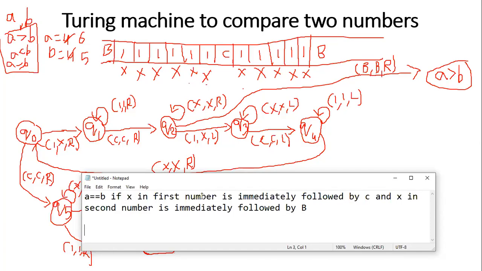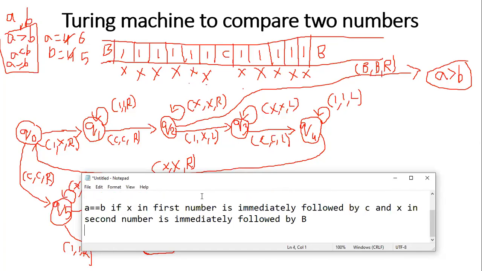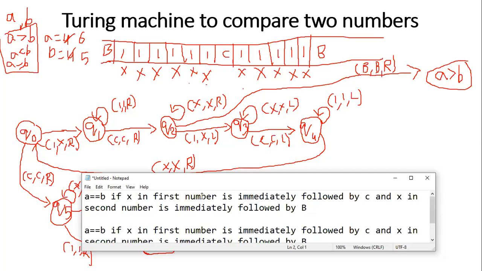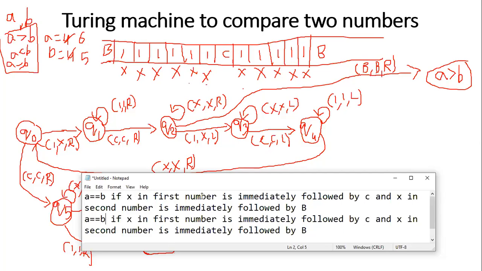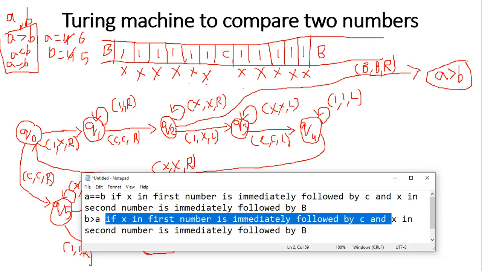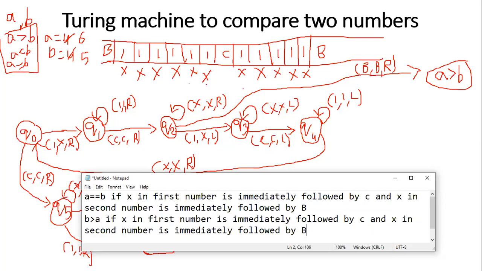All the symbols in the first part should be finished, and x in the second number is immediately followed by 1.